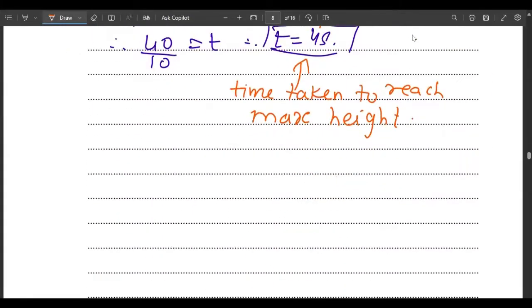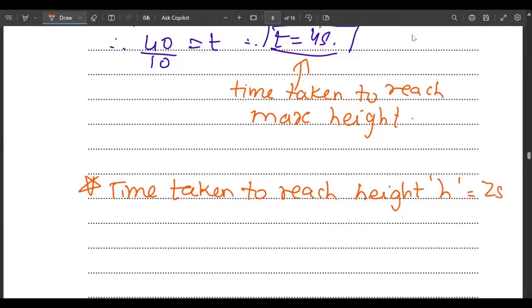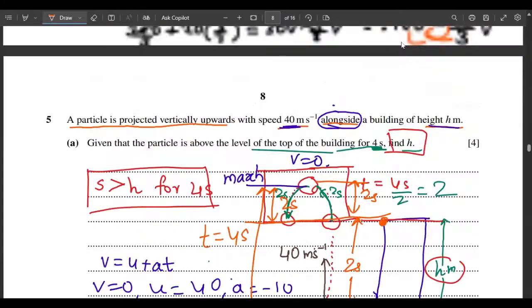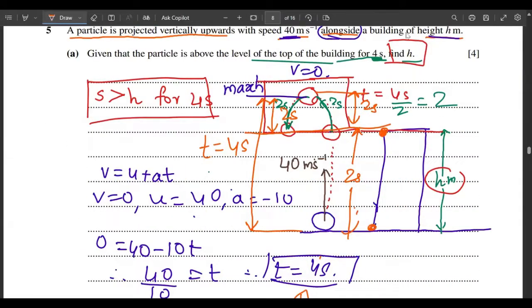So another thing we found out is time taken to reach height h equals 2 seconds. I'll explain it to you again. The time taken for the ball to reach its peak, that means where velocity is 0, its maximum height from height h is 2 seconds here. And we know the total time from 0 to max height is 4.